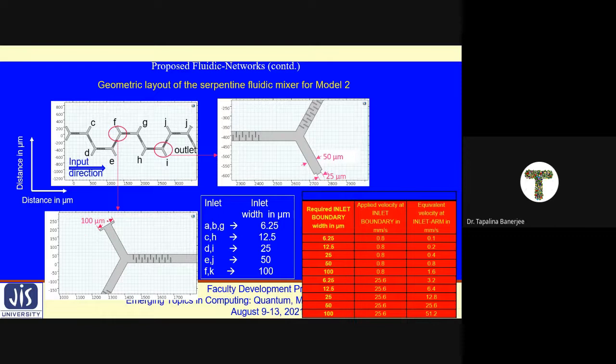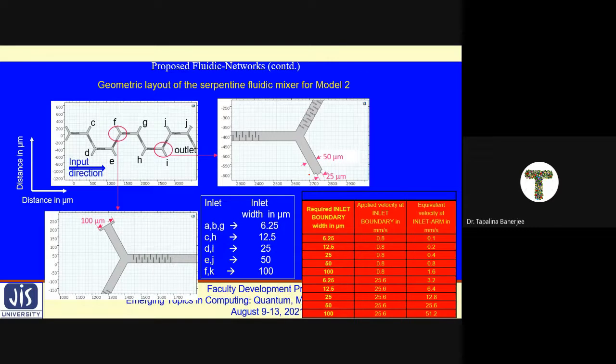Now, you can notice that A, B, C, D and all this stuff are the inlets, and these are the inlet widths in micrometer. Fine. Now, this will change the requirement of different fluid injection velocities at each stage. Using only two applied velocities at the inlet boundary, we can achieve this number of different velocities by using this structure.